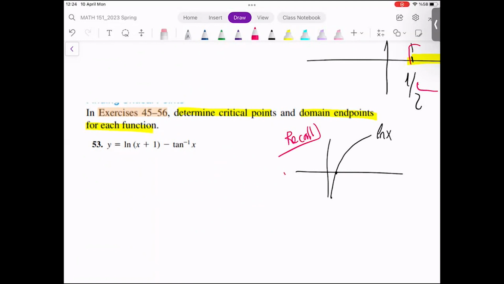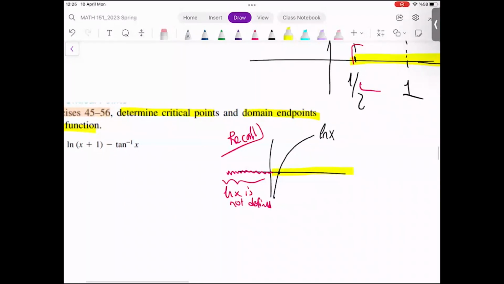For example, we don't have any graph here, right? Which means that ln x is not defined here. But for all the real numbers here, ln function is defined. So its domain is where x is greater than 0.